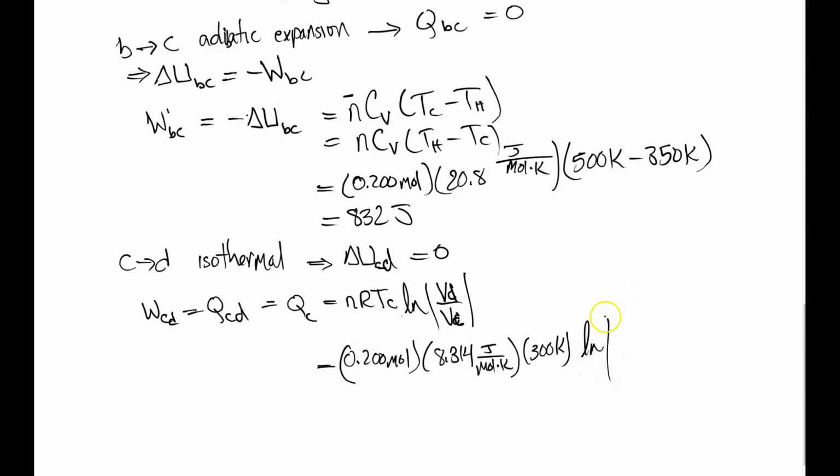Natural log of 29.8 times 10 to the negative 4 meters cubed over 59.6 times 10 to the negative 4 meters cubed, which gives us a value of negative 346 joules.